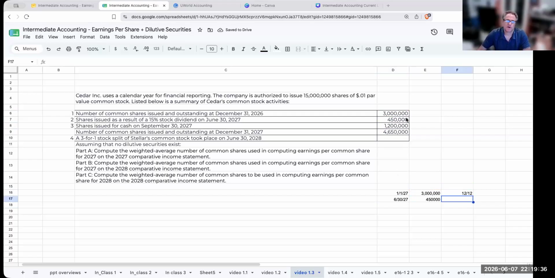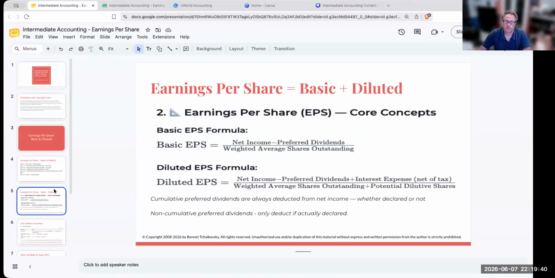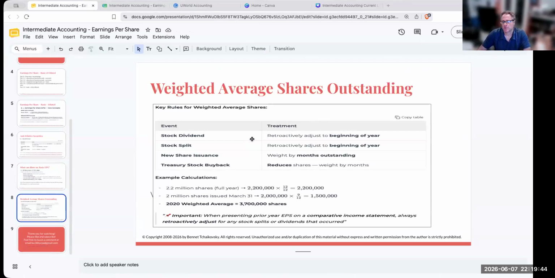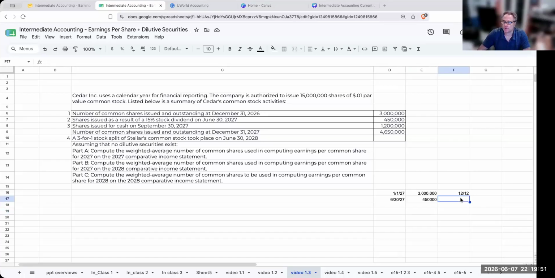And when we have any kind of share splits or stock dividends, remember, we have to retroactively adjust the shares to the beginning of the year. So we're just going to assume that this was outstanding for the full time period.